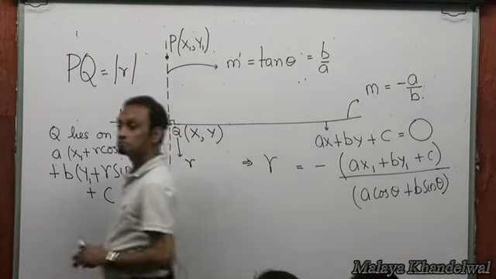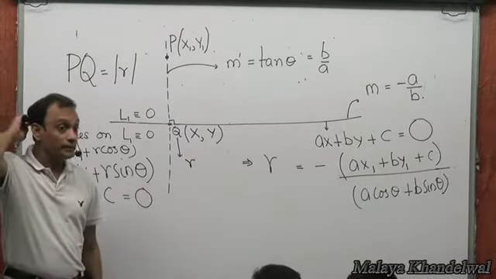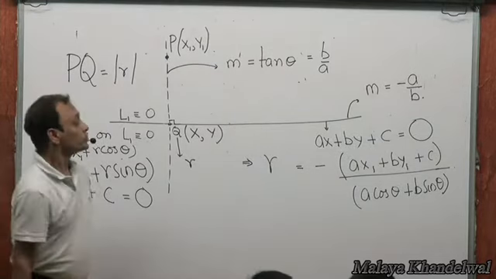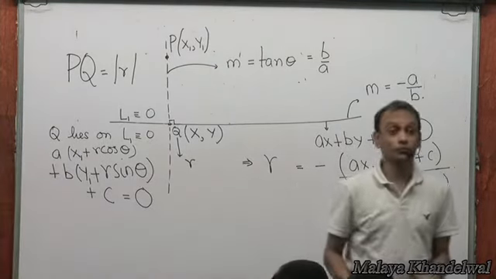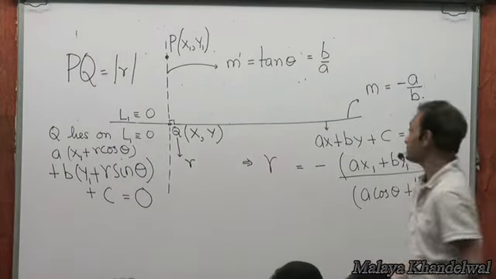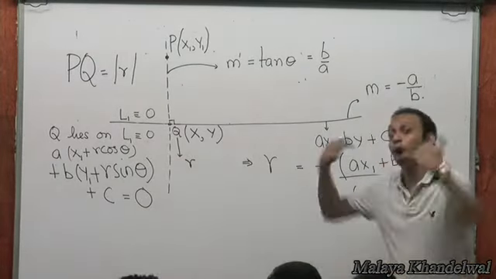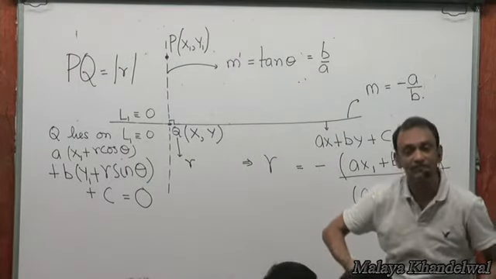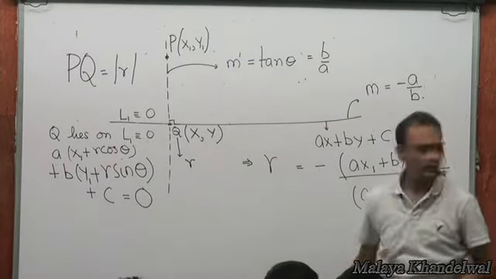That's r. Yes or no? Now let me simplify it further. What I am seeking to find is mod r. This minus sign will get gobbled up by the modulus sign whenever I deploy it, so it's not an issue, right?